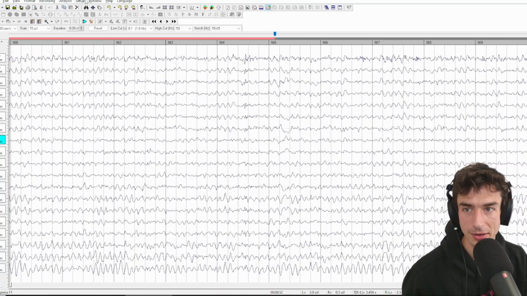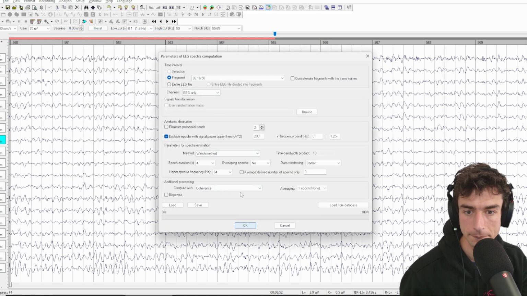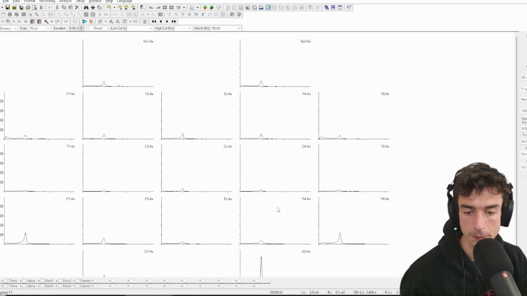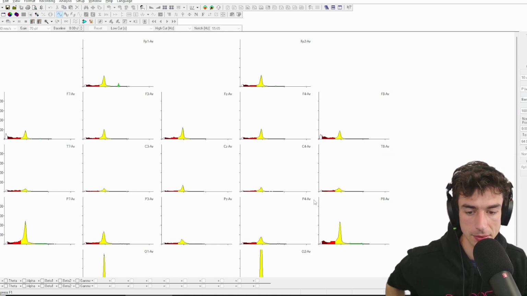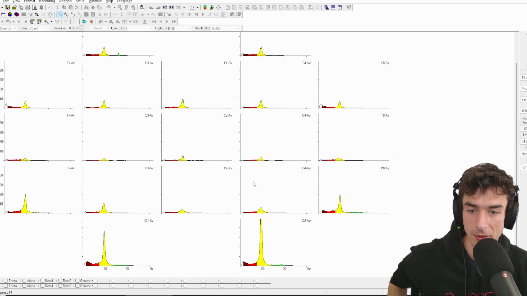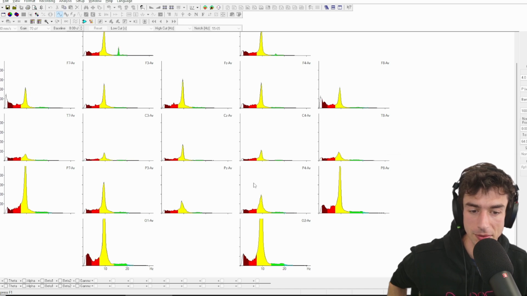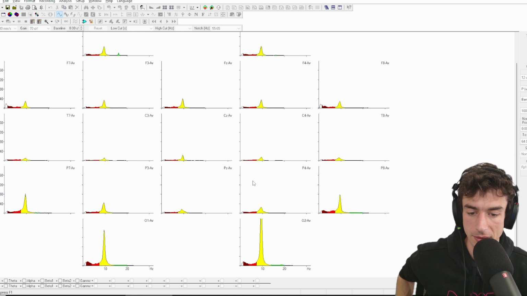And now let's take a look at the spectra. Fill by band range. As we expect, there's even sort of fewer features in the eyes closed since the alpha is so dominant.